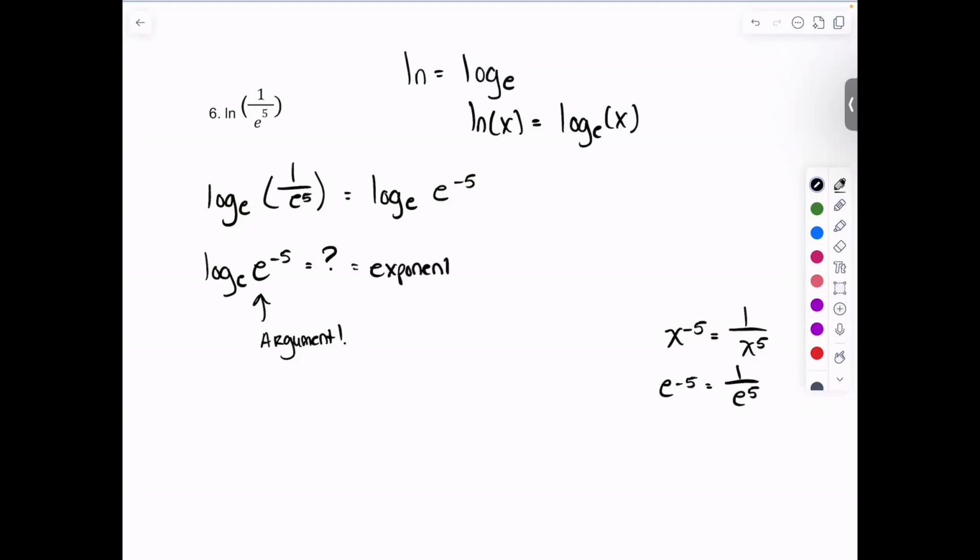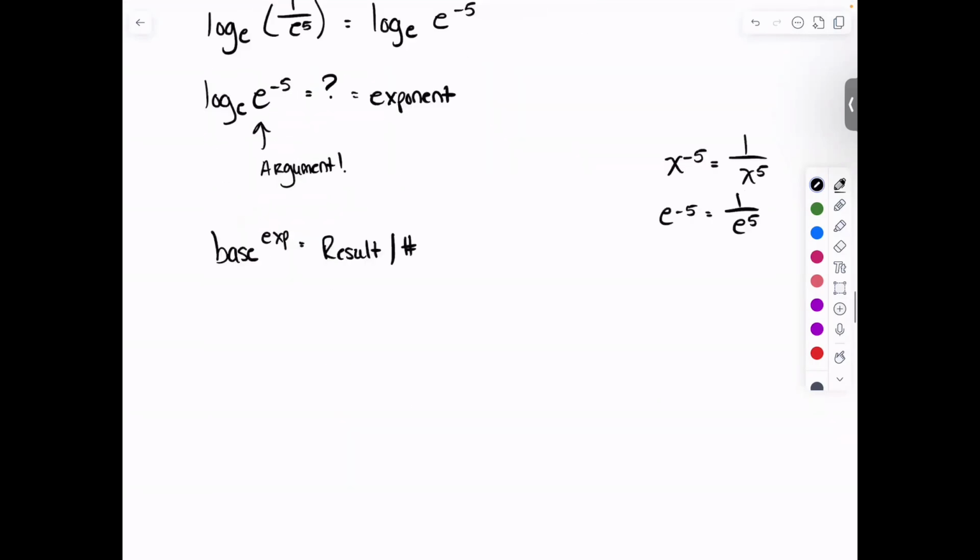We have a base to an exponent gives me a result, the number. And in log world, because exponents and logs are mathematical inverses of each other, I can take log to my base of a result, commonly called the argument, and I will have my exponent. There's my exponent right there.